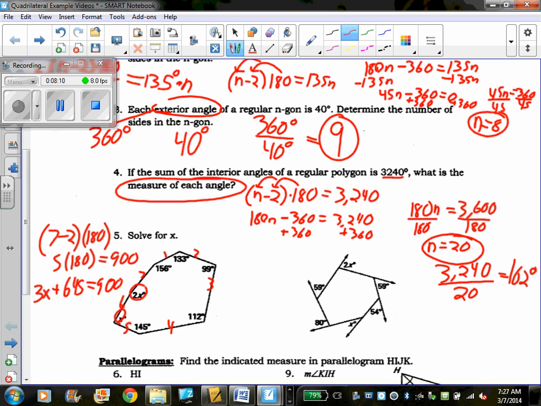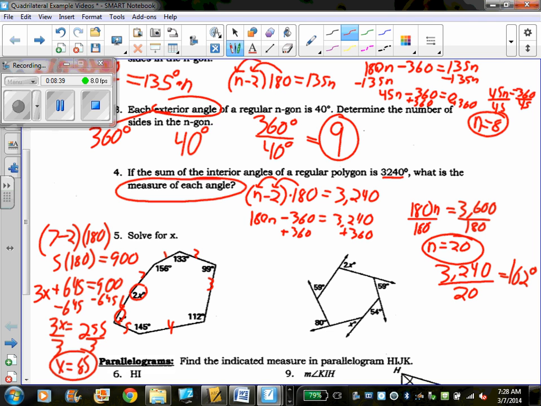So to solve for x, we will subtract 645 from both sides. 900 minus 645 is 255. Then divide by 3 to figure out what x is, and we get 85. Which, if the problem had asked us to, we could have then used to find the other ones.